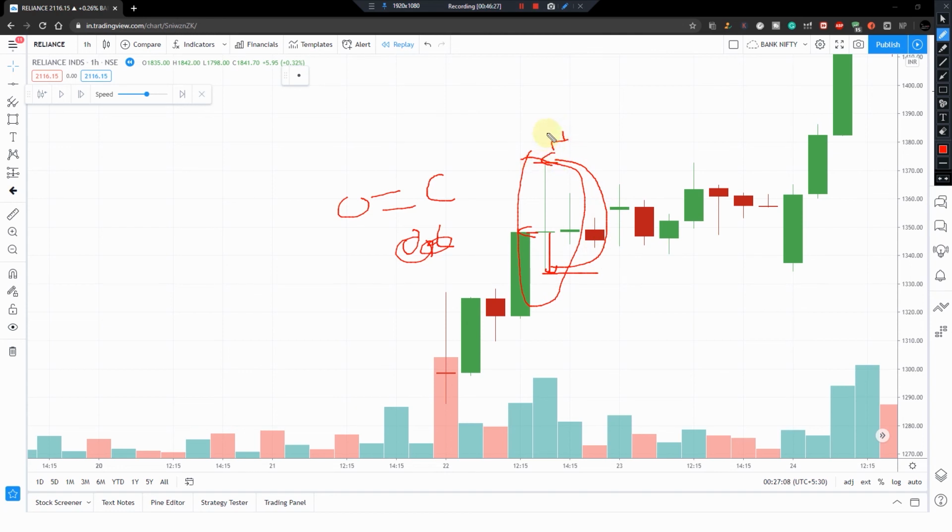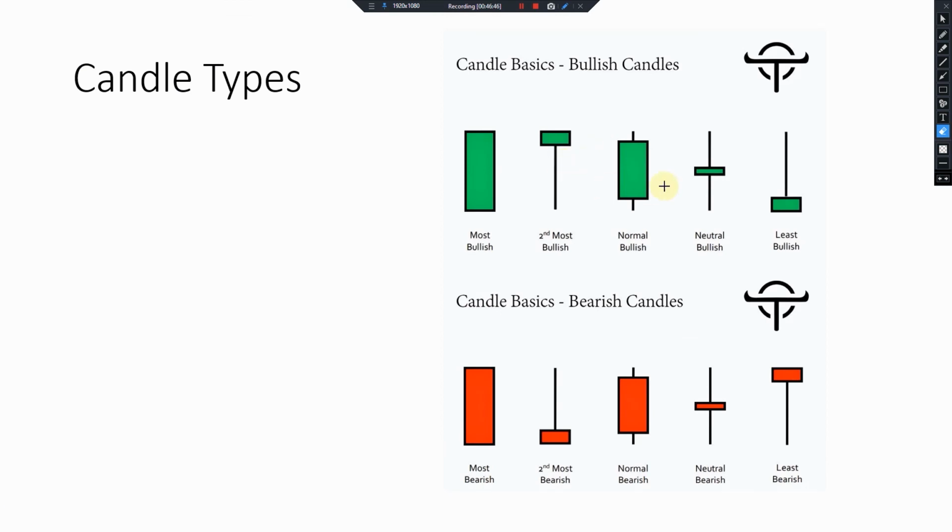There were sellers also sitting there, and they pushed the price down and it closed around the opening price. So the opening price and closing price were the same. We can't decide who was stronger or weaker, so it's a neutral candle. That's why it's called a neutral candle.